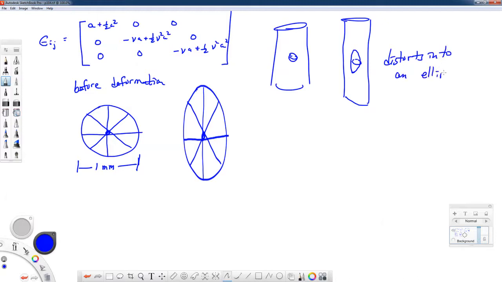And since this is in 3D, I guess we should really call that an ellipsoid. Okay, so it's the picture after deformation here.